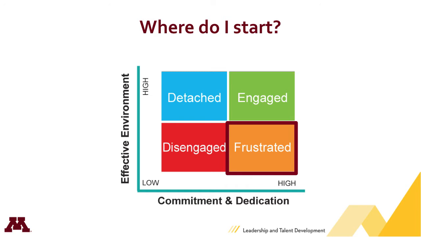When you have frustrated employees, they are still committed and motivated, and they're often high potential employees, and they just need help removing the barriers that are leading to their frustrations. And if these barriers aren't removed, then these types of employees typically do one of two things. They'll find innovative ways around environmental barriers to become engaged.